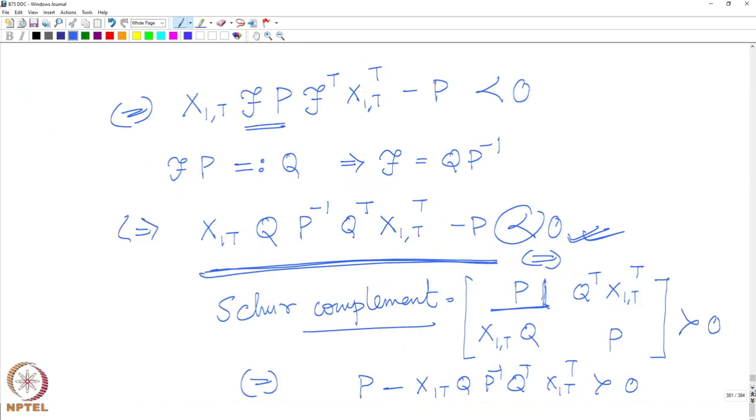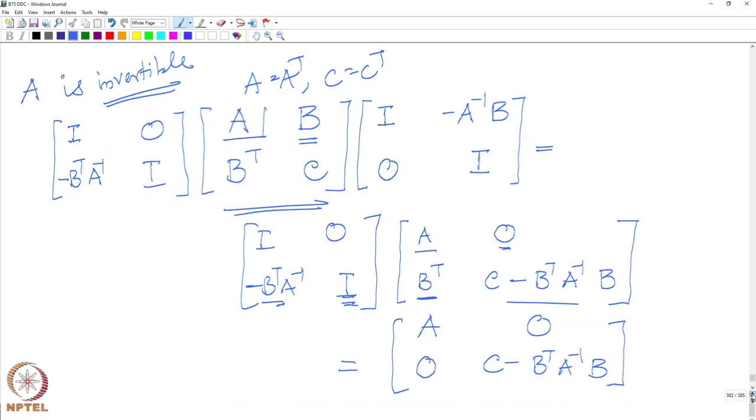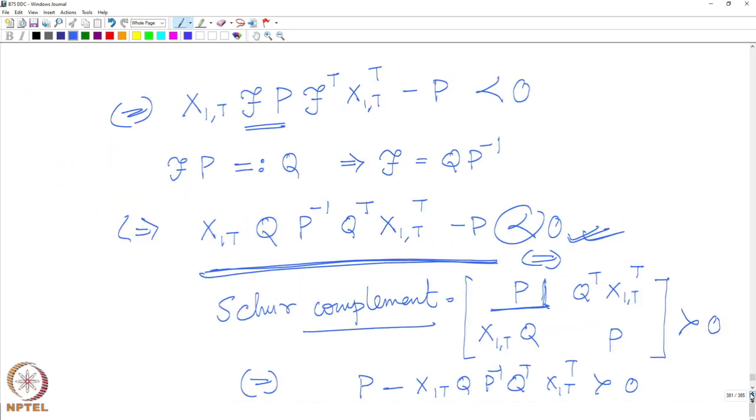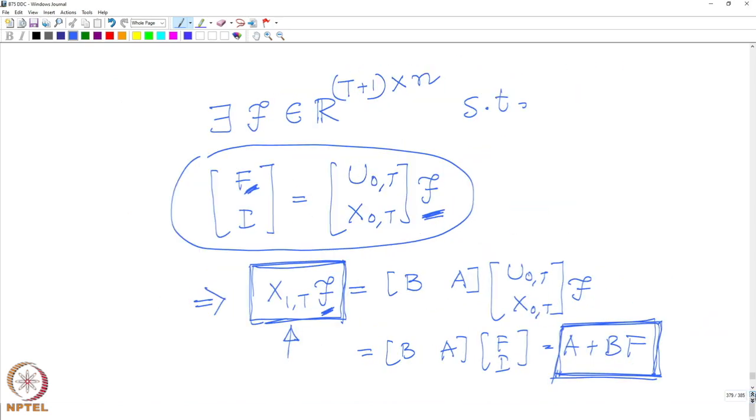So remember what this, okay, if P is equal to Q, and remember what F is, x0 T times F is equal to identity.